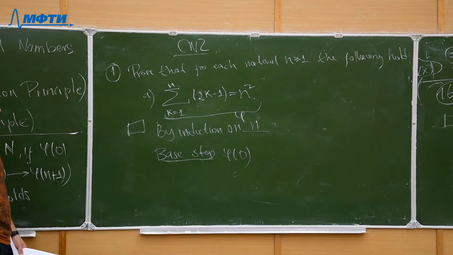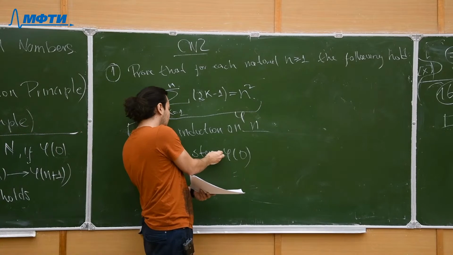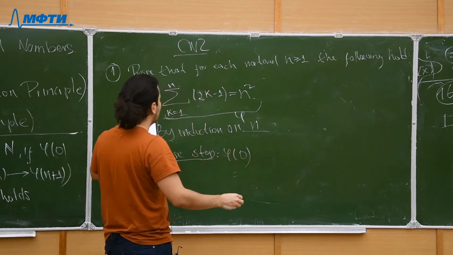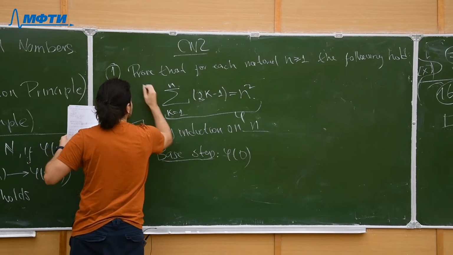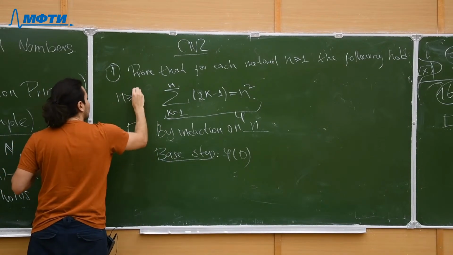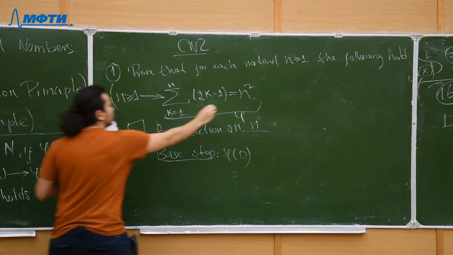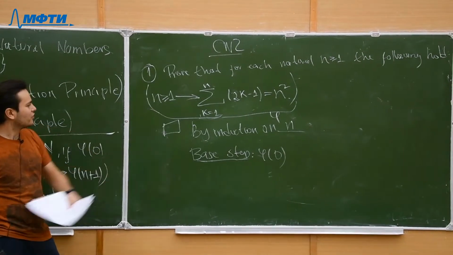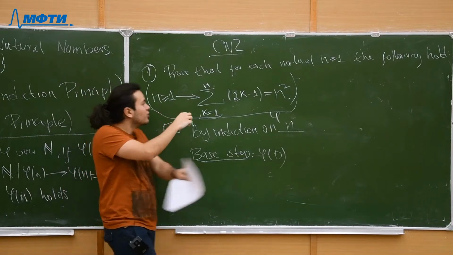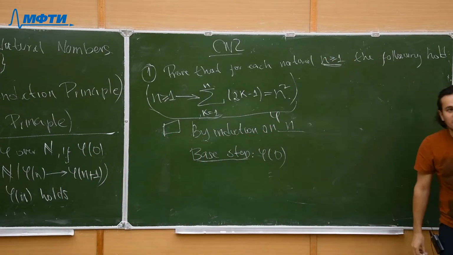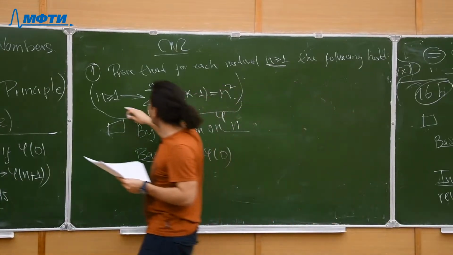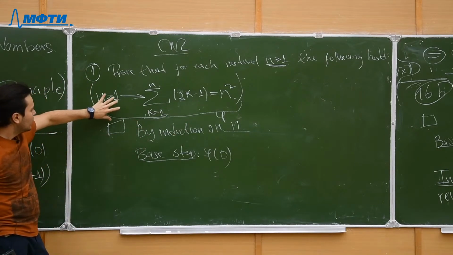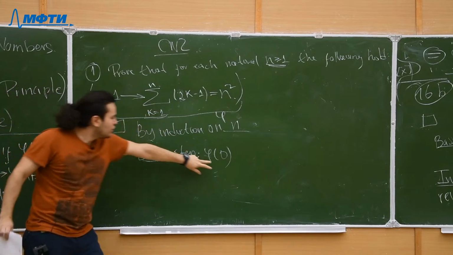Look, this is very important. Do not forget about this condition here: that if n is at least 1, then this holds. So we need to check this for 0.